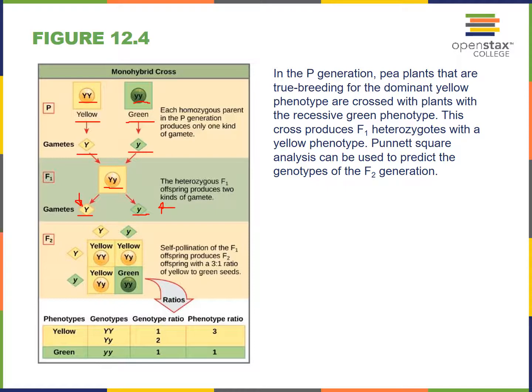So the next thing he did was he crossed plants from the F1 generation. So he did multiple plants, but he crossed plants within the F1 generation, so offspring from the P generation. And he created the F2 generation. So these are offspring of the F1 generation.